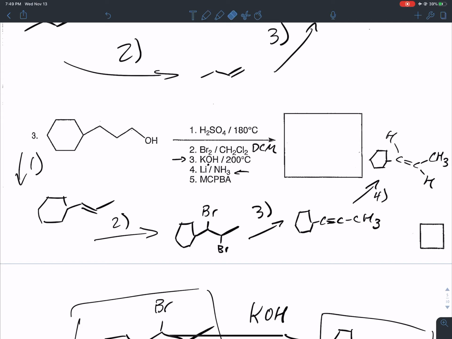Let's just start with our epoxide itself. It's useful to put the epoxide, the 3-membered ring, in the plane of the page. So don't try to put these on wedges or dashes or any of that. It's a humongous pain. Don't try it. So here's what we're going to do instead. We're going to put our epoxide in the plane of the page. That means we're going to have to rotate it 90 degrees. We're going to have to be either looking down at it or looking up at it.